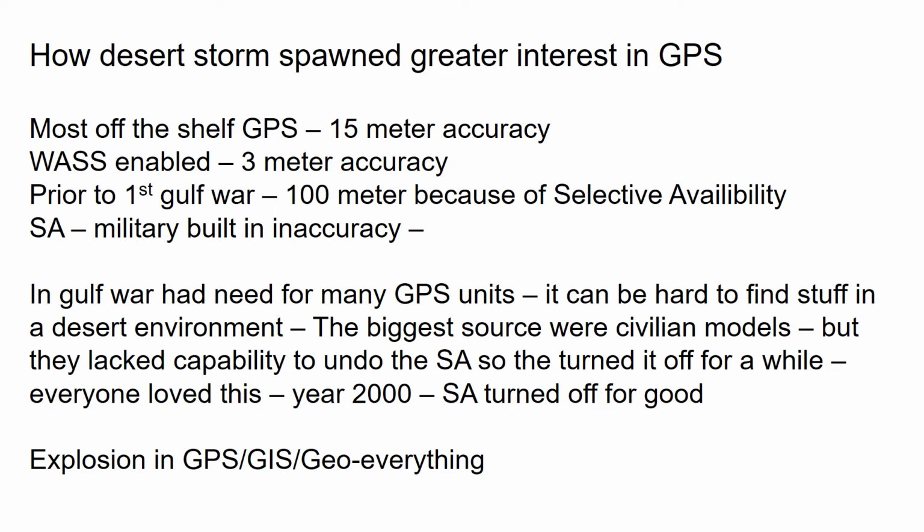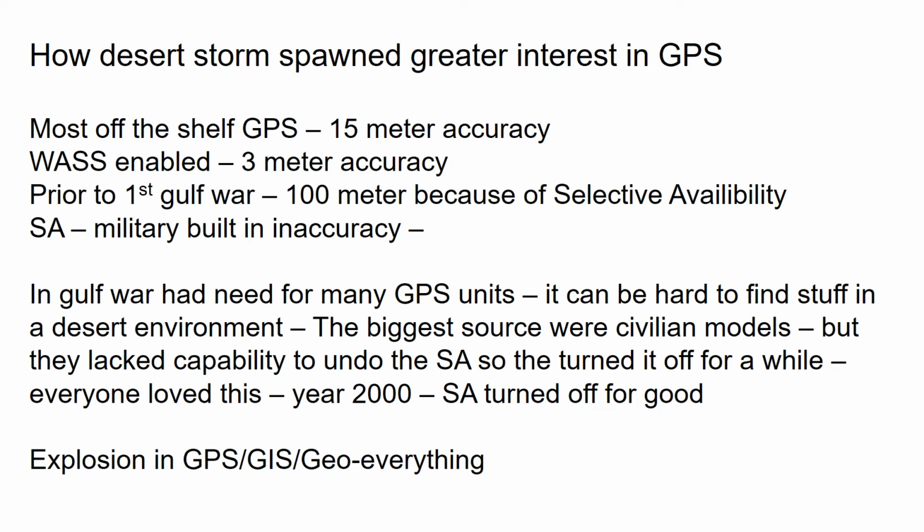But it became apparent as the coalition forces got together that they had nowhere near enough GPS devices to provide as many of the troops with them as they wanted to. And so the solution was to give them off-the-shelf ones and to turn off the selective availability so that they would have full access to accuracy.